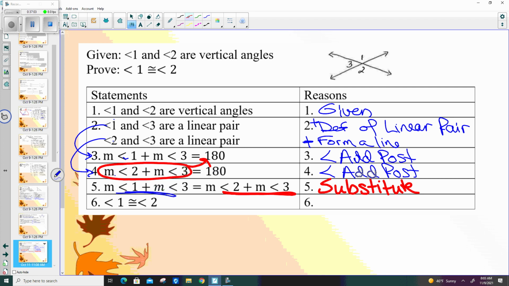What changed from step 5 to step 6? What's not there that was there in step 5?